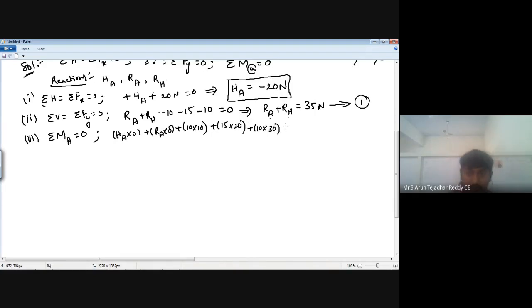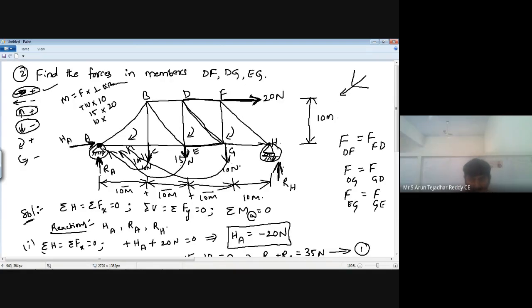Next, the reaction is acting at point H, moment about A. Now check whether this direction is clockwise or anti-clockwise. See, your direction is upward, so it is moving in this direction. This is called an anti-clockwise direction.